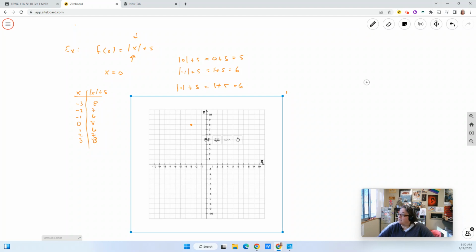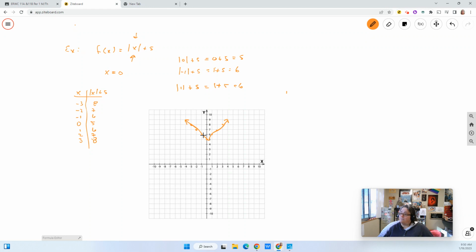I think there's something going on when I press down. -1, I have a point at 6, and at 0, I have a point at 5. And then it starts coming back up the other side, right? And I've plotted those points. And you could see that this is this V that I can connect, and it's going to go on forever. And pretend I drew those lines straight.